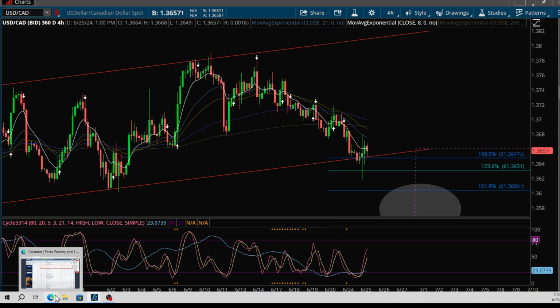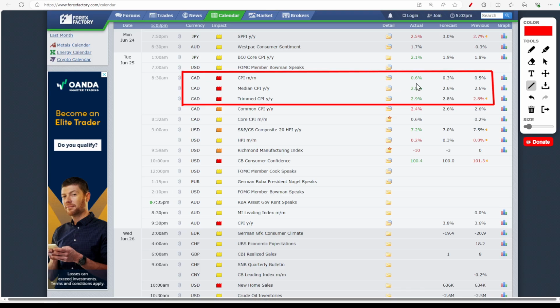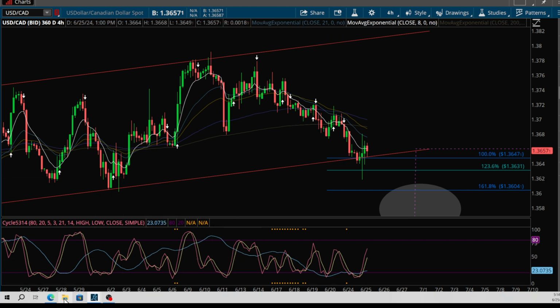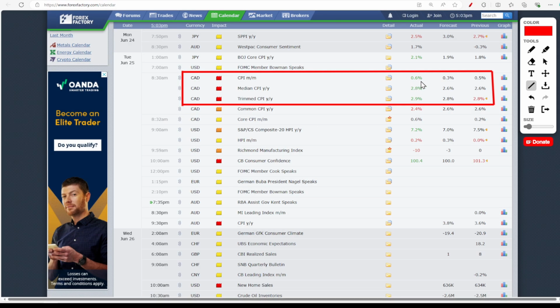So if we check out Canadian dollar news, they have CPI month over month came out hotter than expected. Median CPI year over year hotter than expected, and trim CPI year over year hotter than expected. A lot of people are just watching inflation, and they tell you this is good for the Canadian dollar because now they're going to have to raise rates.